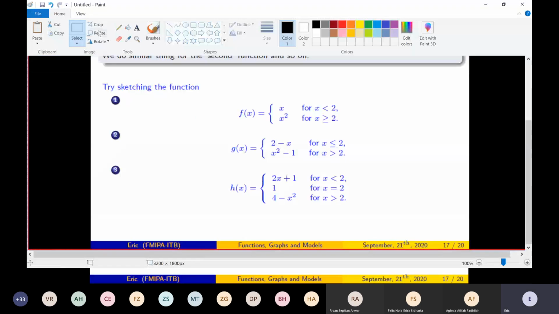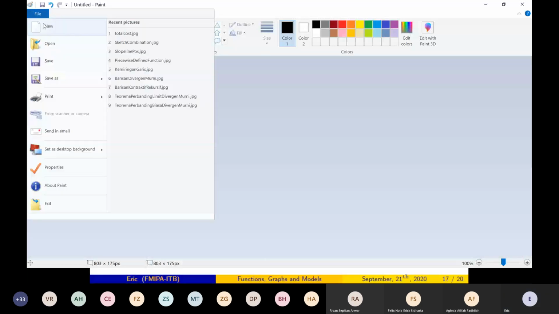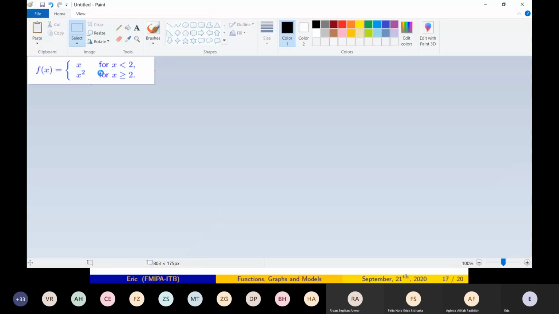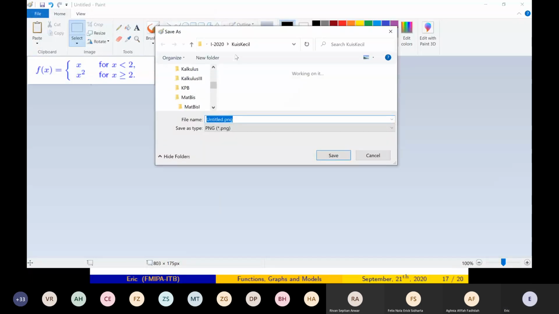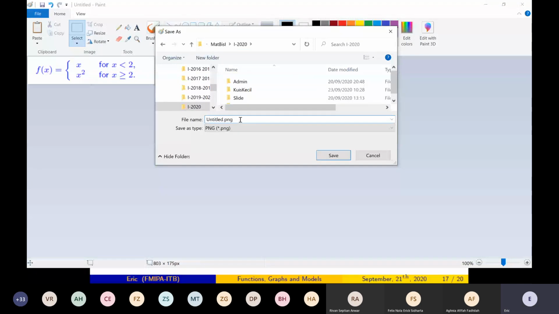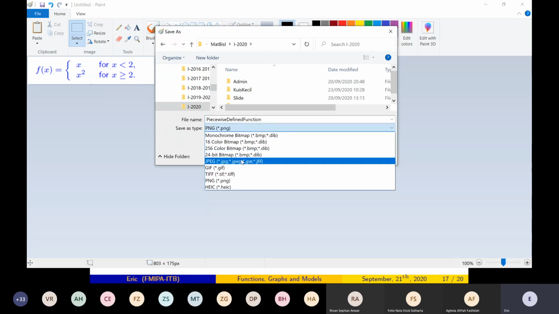Okay, I want to sketch this. Any graph of piecewise defined function. I have told you about piecewise defined function, yeah.